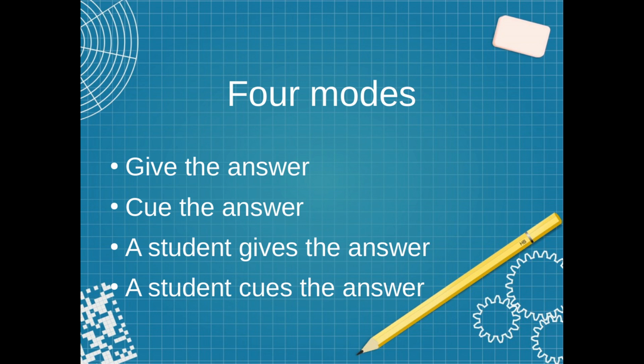You should work towards the situation where you can use any of these tactics. In the beginning, it's going to be you as the teacher probably, and you should work towards students giving the answer, coming back to the first student. Then you should work towards, by giving enough cues and having the students in your classroom understand what a cue is, that they are going to cue the first student.